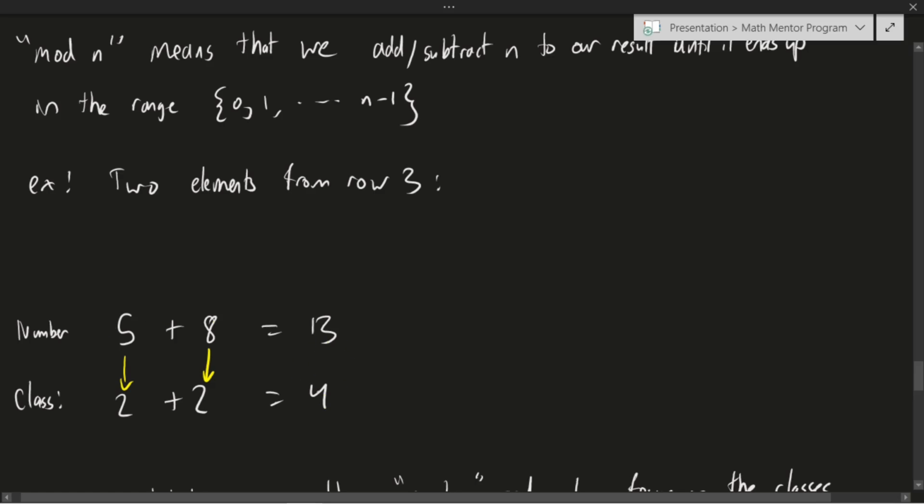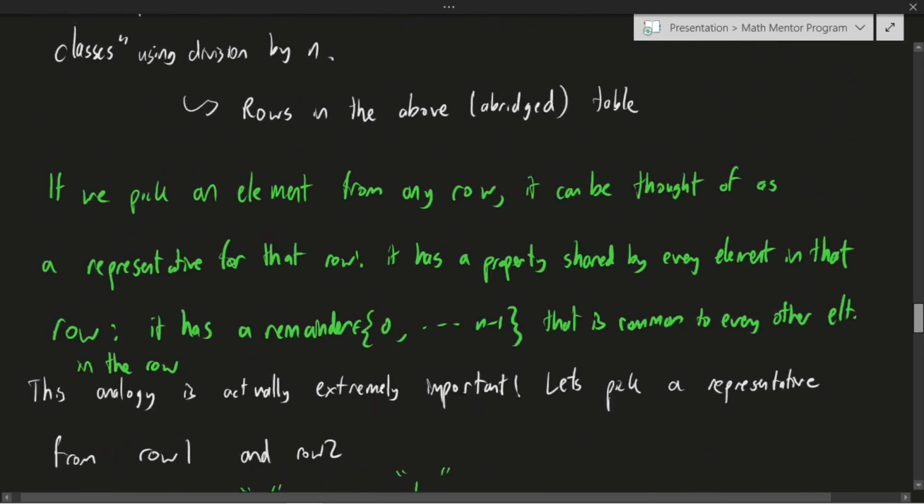Now, when we remember what this says here, we have to add and subtract n to our result until it ends up in the range 0 to n minus 1. So we have to change this to actually a 1, right? And to do this, we had to minus 3. Now, wouldn't it be amazing if 13 was in the class of 1? Well, check it out.